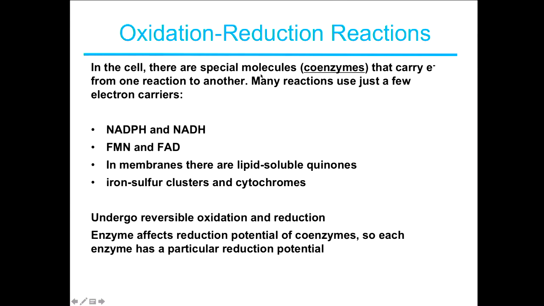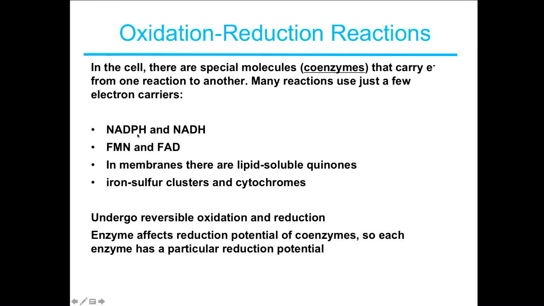We often have these special molecules, these coenzymes, that are going to help carry the electron. So they pick it up during one reaction, and then they give it to something else in another reaction. And some of them actually pick it up from one enzyme active site and move somewhere else in the cell and give it off again. Okay, so they're electron carriers.